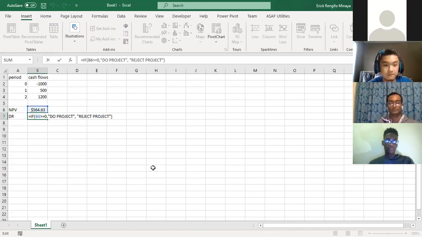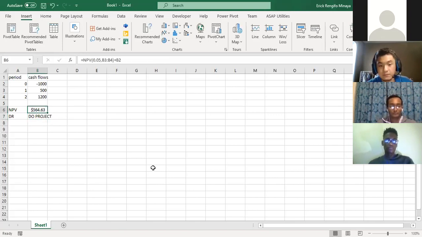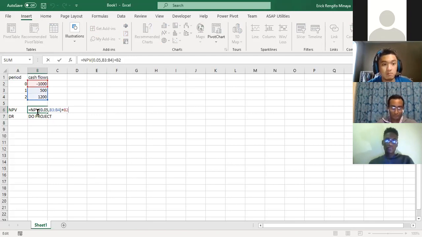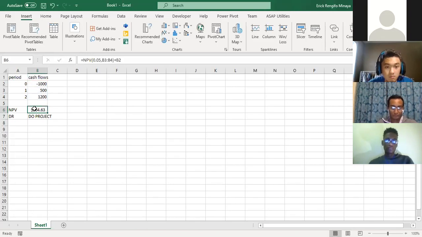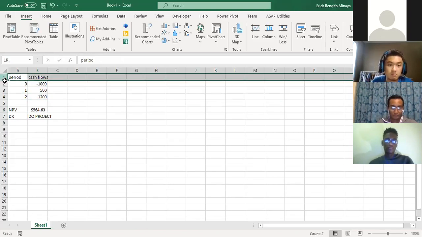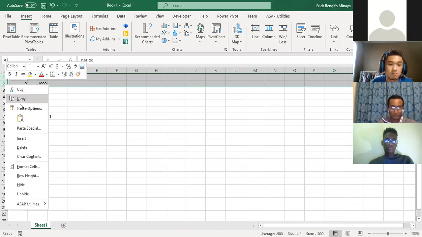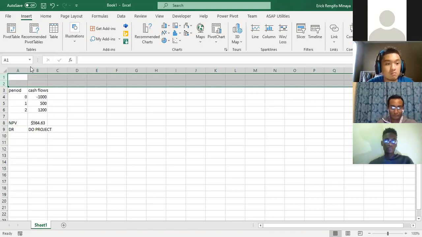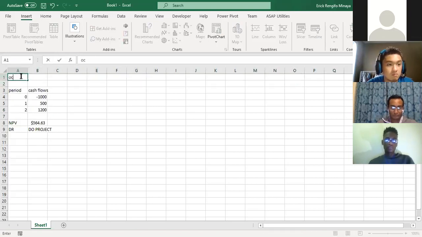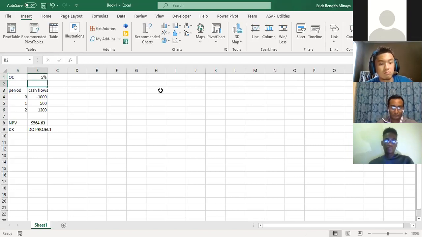Yeah. Okay. So another thing here. You see that this 5%, if you want to change this formula, every time you're going to be changing this 5% in the formula. So what I recommend to you guys is let's add a couple of rows here, and let's write opportunity cost, and then let's write here the 5%. Then we can link our formula.